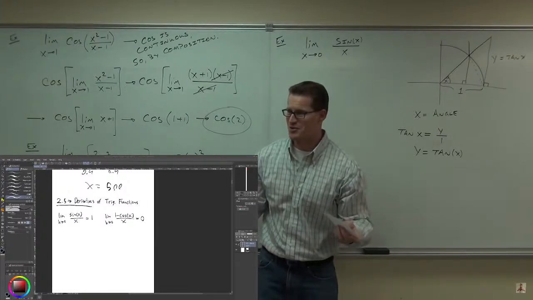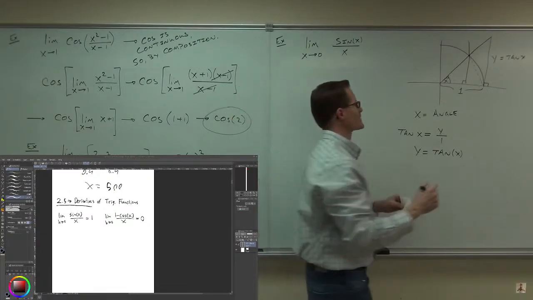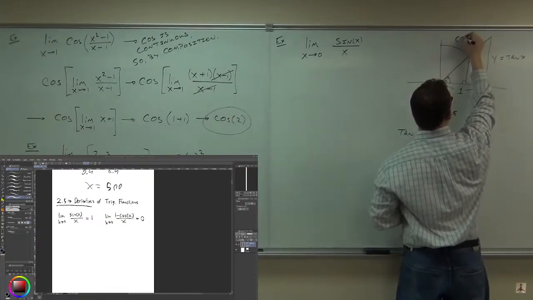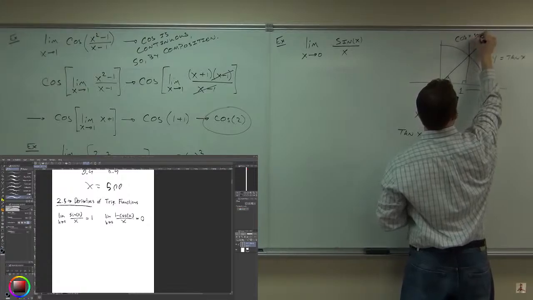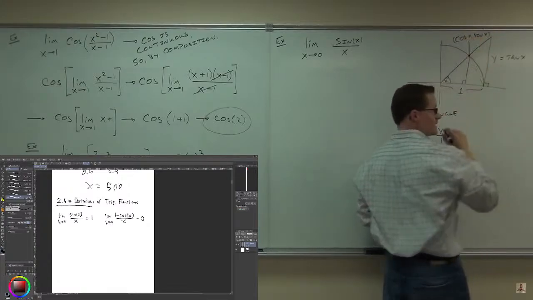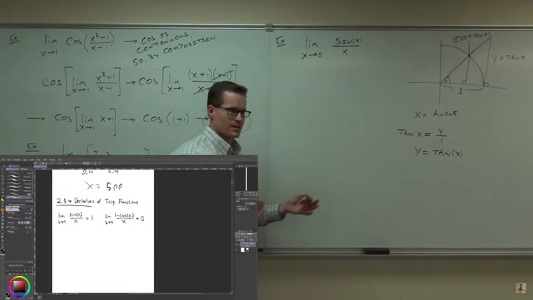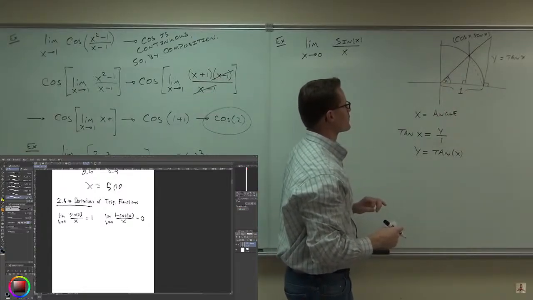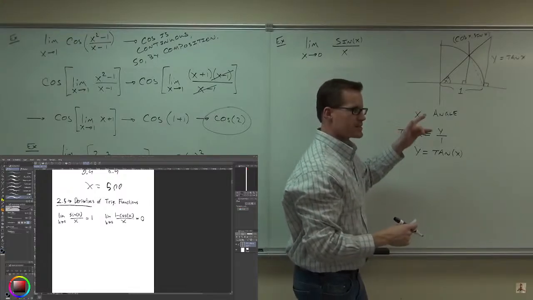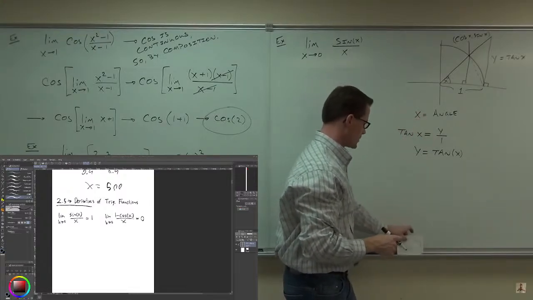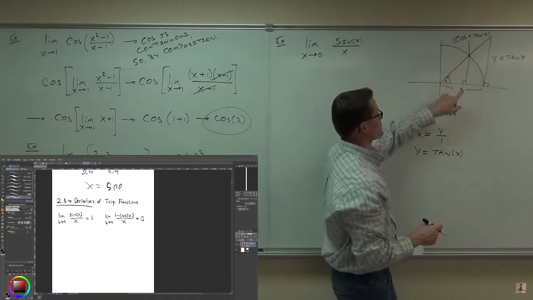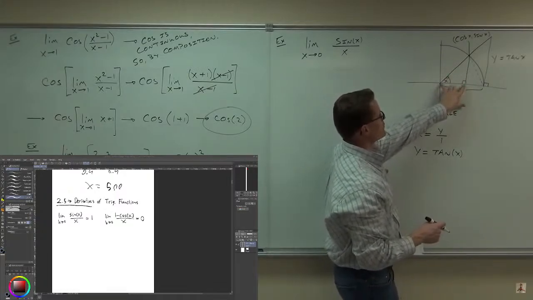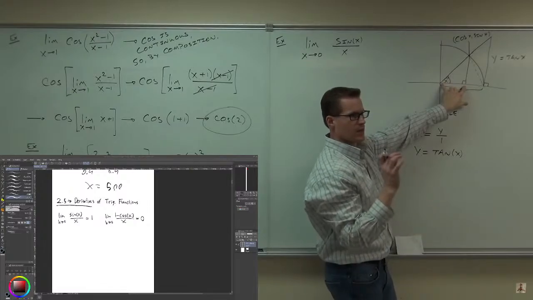Geez, I'm asking you, come on, you gotta know this. Agree? Okay. Because yes, sine x is typically y for an inside triangle. That means that our x for this inside triangle is cosine x.